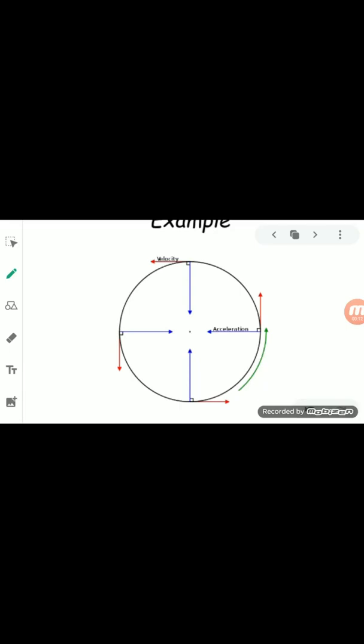Okay, but you see the velocity of the body which is moving in a circle with the uniform speed is not uniform throughout. It is because the direction of the motion is continuously changing. Since the direction of the motion is constantly changing, it will not be uniform throughout.